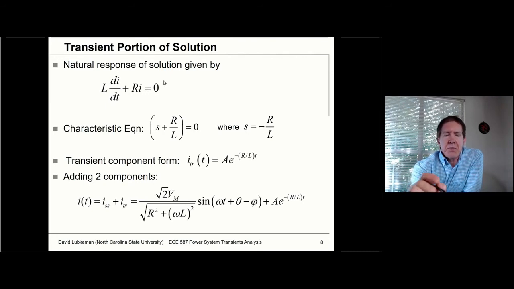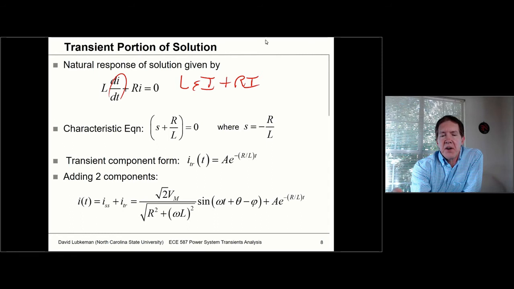Wherever you see di/dt, you substitute s times I. If you have a second derivative, you substitute s squared times I. What we're going to have in the Laplace domain is LsI plus RI.